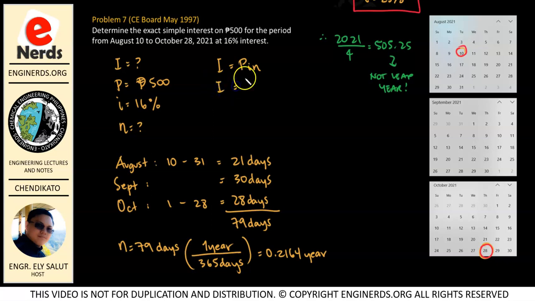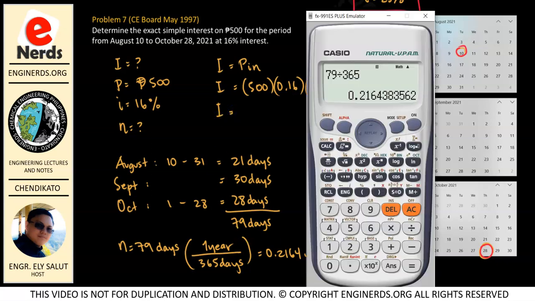So I is equal to P. Our P is 500 pesos, times our rate of 16%, so we have 0.16, times our N, which is 0.2164 years. So let us solve.